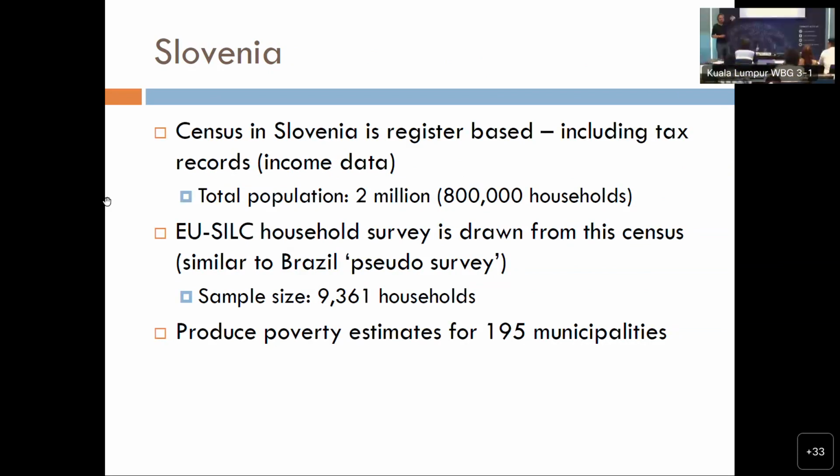I don't know if you're familiar with it. Here we drew synthetic surveys from this registry population, trying to mimic the survey design of the EU-SILC. We drew a sample that matches exactly, including sample size, the EU-SILC, and we end up producing poverty estimates for 195 municipalities in Slovenia.